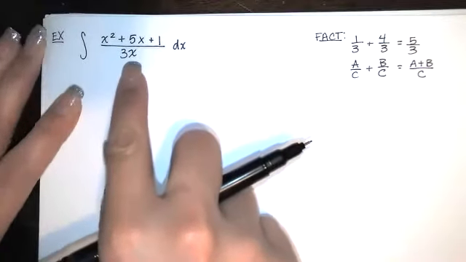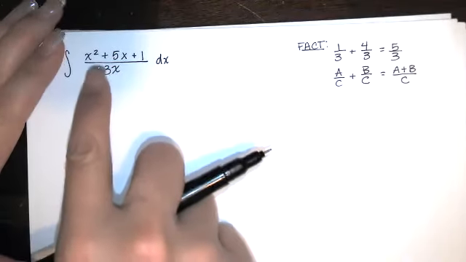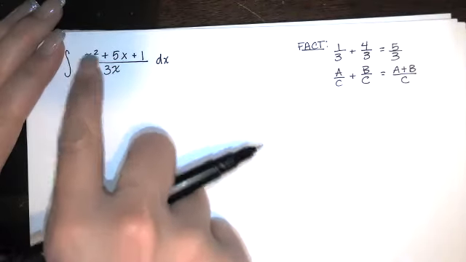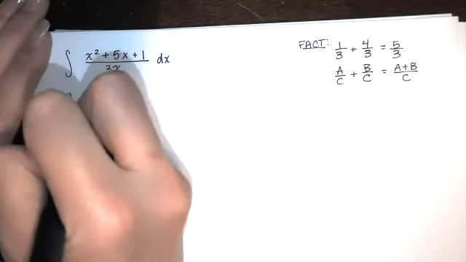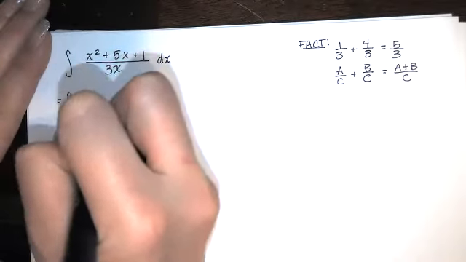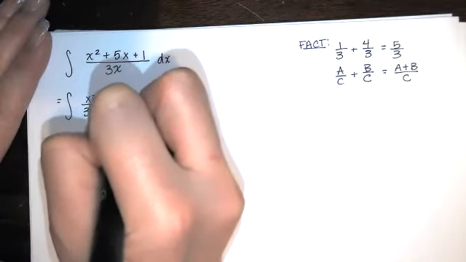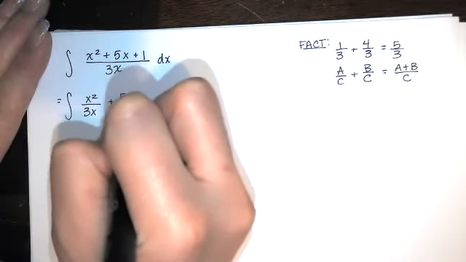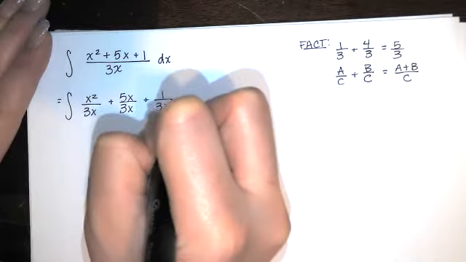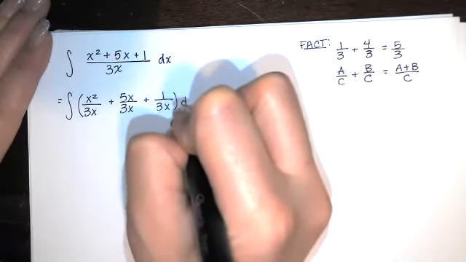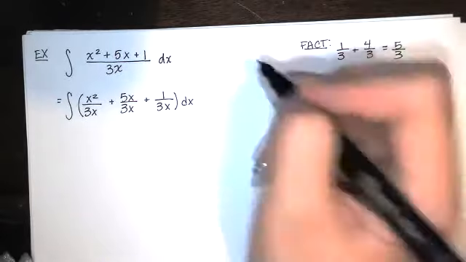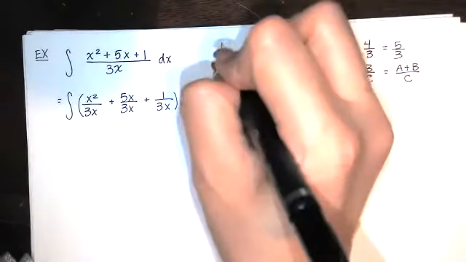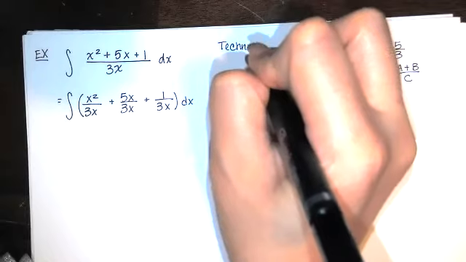So if I've got a fraction like this, I can say this is the same as this over 3x plus this over 3x plus that over 3x. I'm going to call this technique separating the numerator.